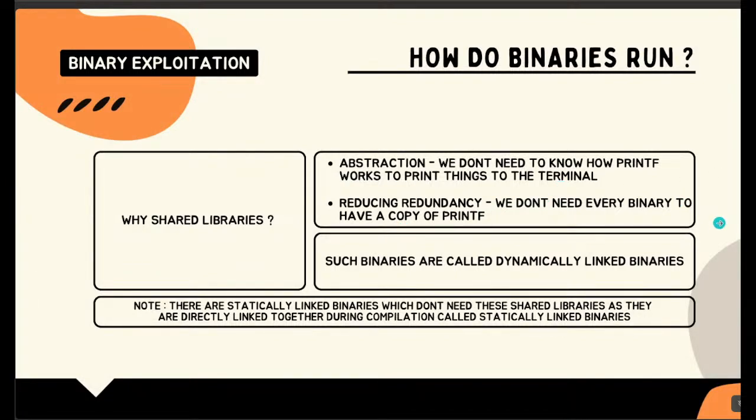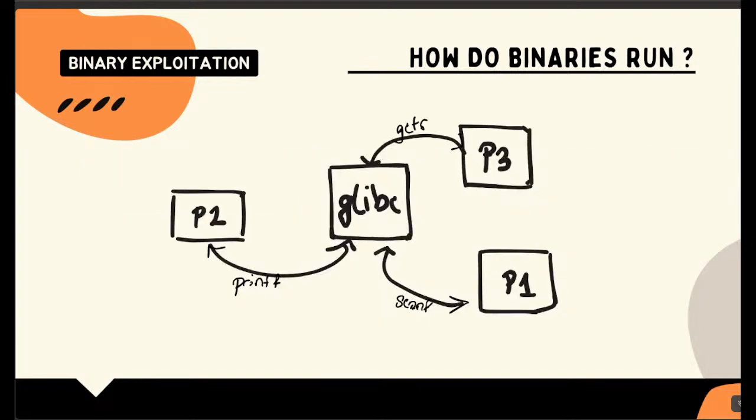There are also statically linked binaries which don't need these shared libraries, because we are linking them directly together during compilation. They also exist, but for this session, we'll be focusing on dynamically linked binaries, the ones which use shared libraries. Essentially, this is how it works.